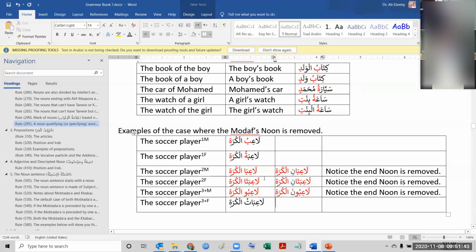If the player is one male, then it's لاعبو. If the player is one female, it's لاعبتو.